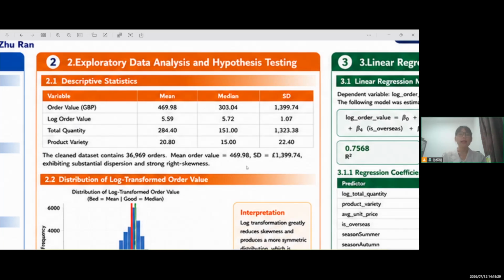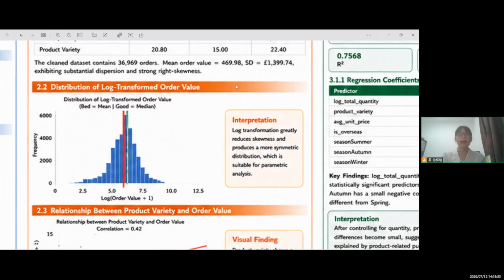To make the data more suitable for statistical analysis, we applied a log transformation, as shown in the histogram. The transformed order value became much more symmetric and approximately normally distributed.